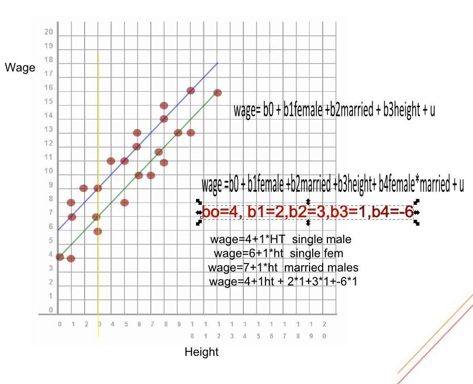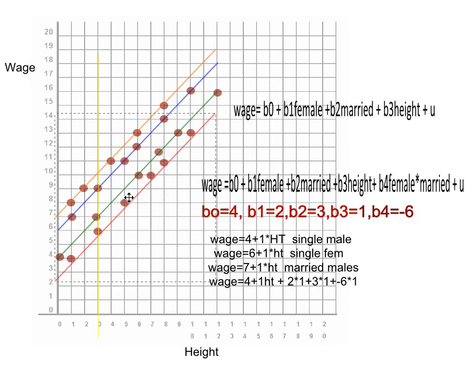Now, in a similar way, you would want to test for different slopes between males, females, married males, and married females. I think it's more likely than not that one of those groups at least has a different slope than some of the others.